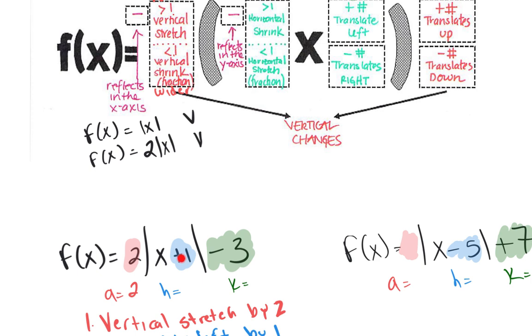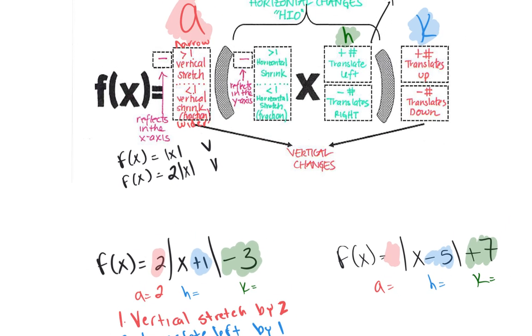My h, however, see how I have a plus 1? Even though I have a plus 1, your h is always the opposite. It's horizontal, it's on the inside, and it's always the opposite. So these numbers always lie. Inside the parentheses, we lie.